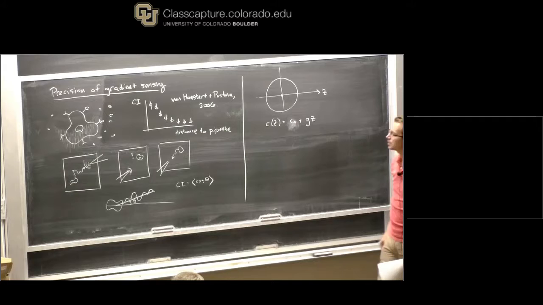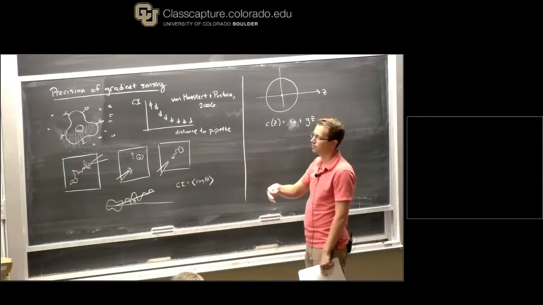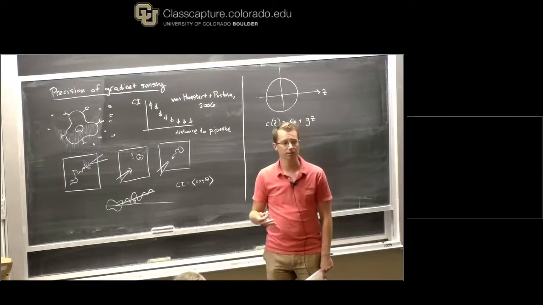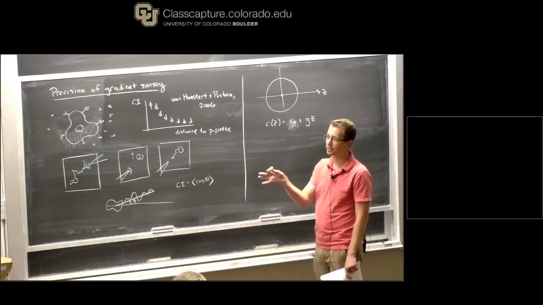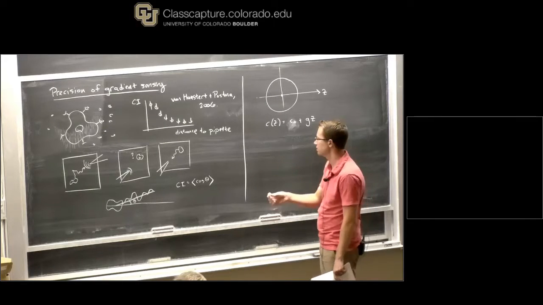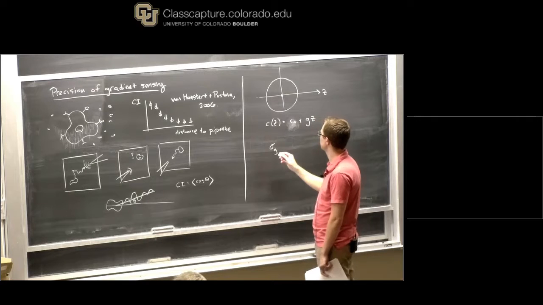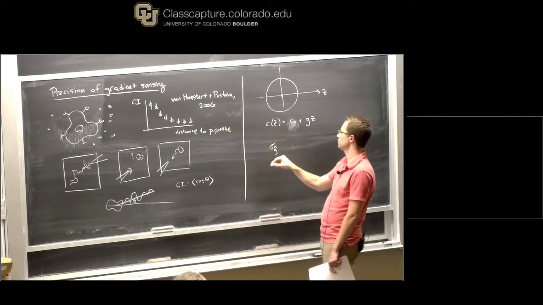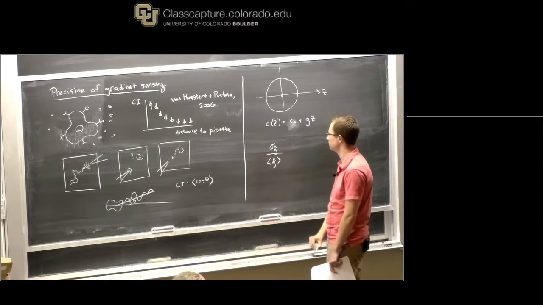Okay, and what we're going to be interested in is, as before, the relative error, the noise over the mean, but this time for the cell's ability to estimate the gradient, not the concentration. So we're going to ask about the standard deviation in the cell's estimate of the gradient over the mean of the cell's estimate of the gradient.